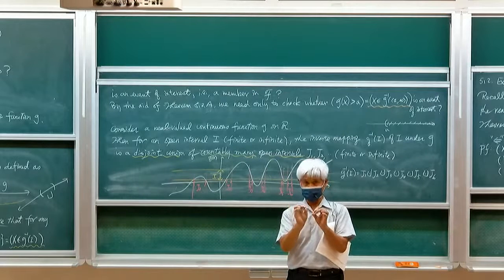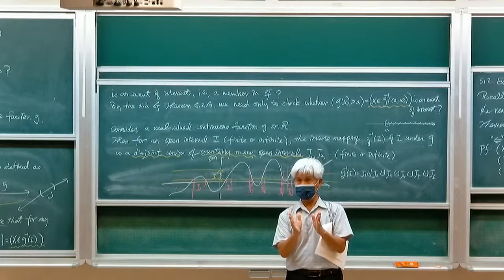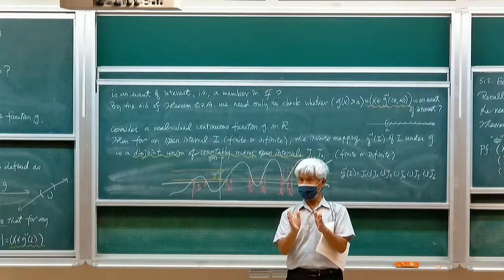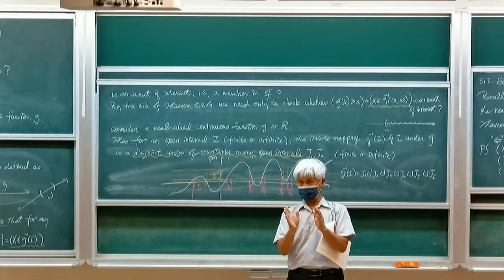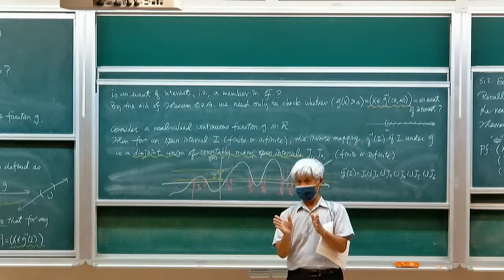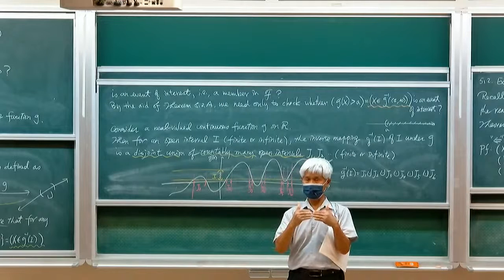Connected open sets on the real line should be an interval. That is the basis for the intermediate value theorem in calculus, because of connectivity.